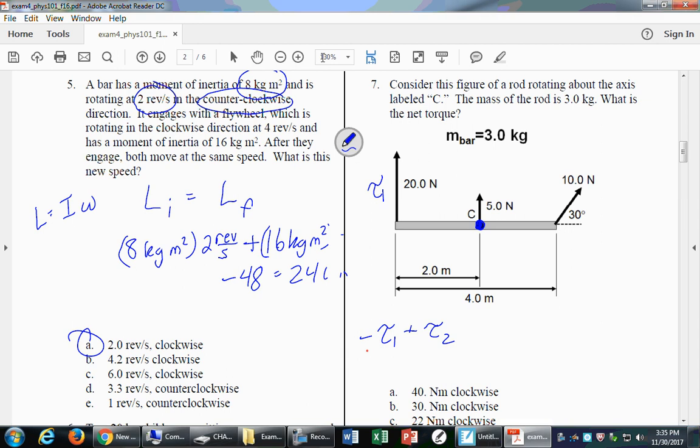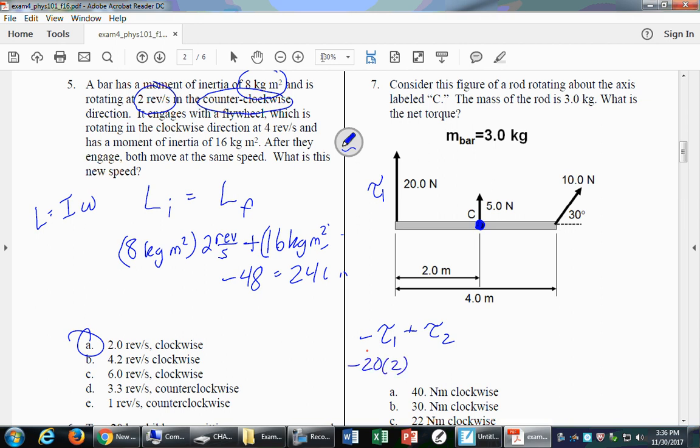I like to use my pencil, and then I can think about, well, this force pulls up, and that causes it counterclockwise, and vice versa over here. If that helps you, that's great. So now we know the signs for the torques and how they add up. And so I say negative 20 times 2.